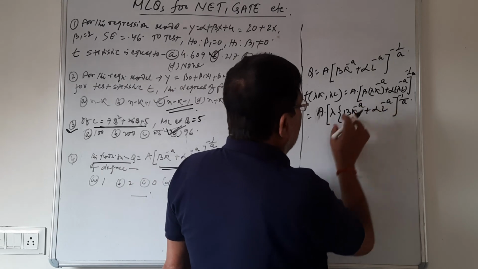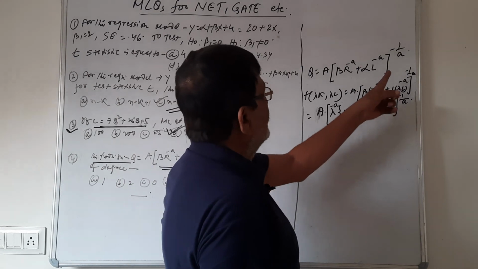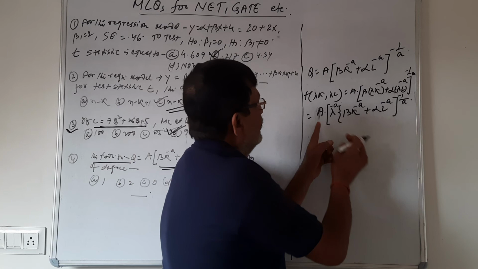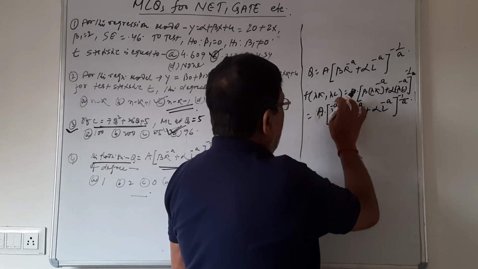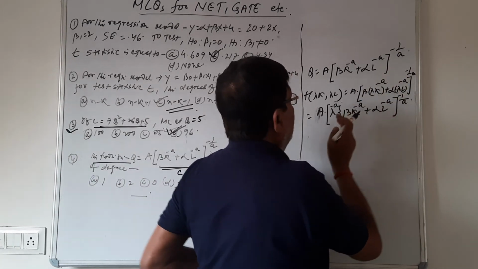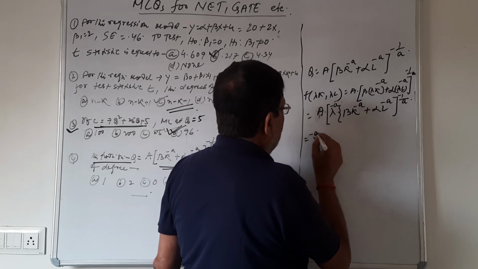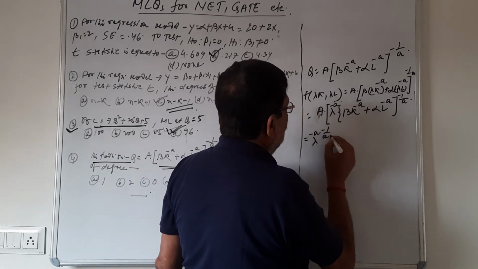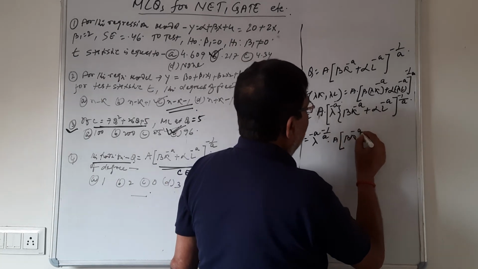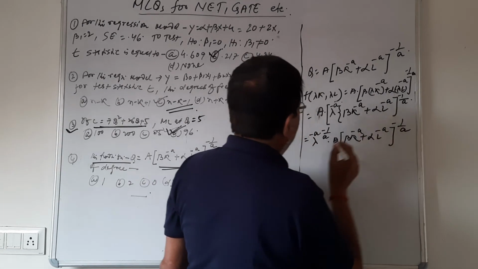The lambda taken common would be lambda to the power minus a, because lambda is raised to the power minus a. This lambda to the power minus a lies inside the bracket, which is raised to the power minus 1 by a. So taking lambda completely outside, it is lambda to the power minus a into minus 1 by a, multiplied by A beta k to the power minus a plus alpha L to the power minus a, to the power minus 1 by a.